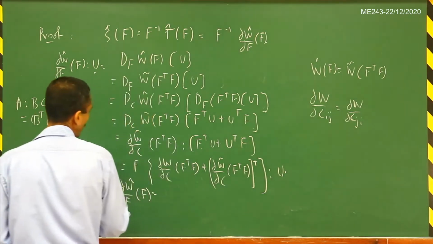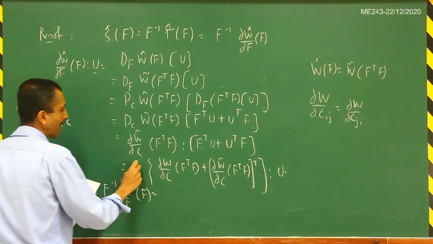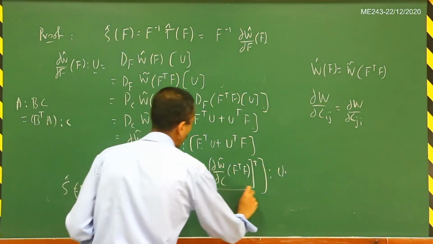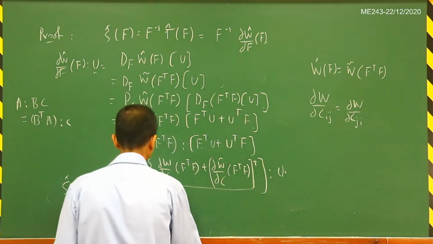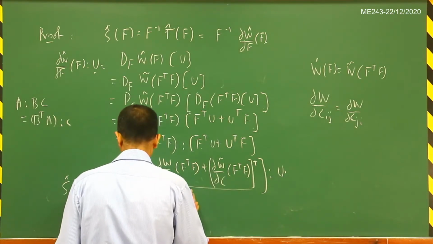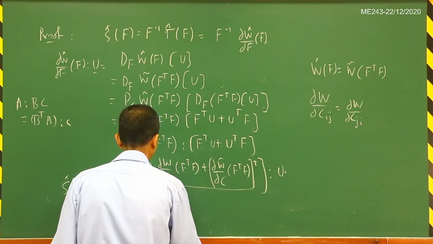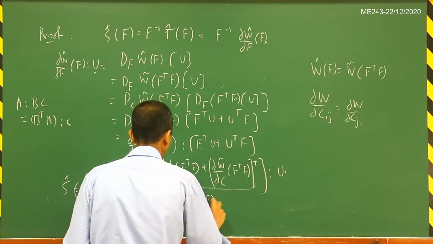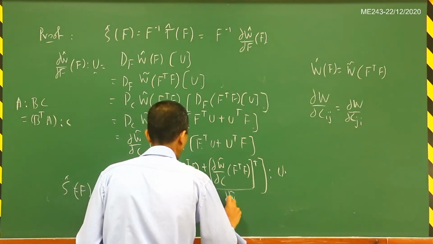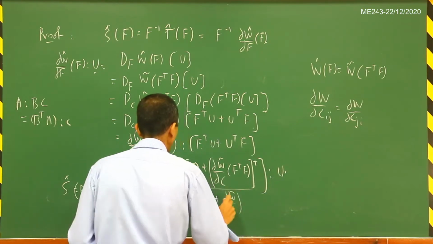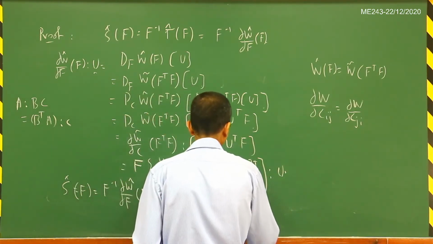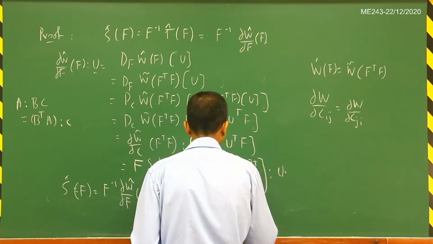F inverse times this F will be just identity, so you will basically get this particular term. So this is del W tilde by del C evaluated at F transpose F plus del W tilde by del C evaluated at F transpose F transpose.